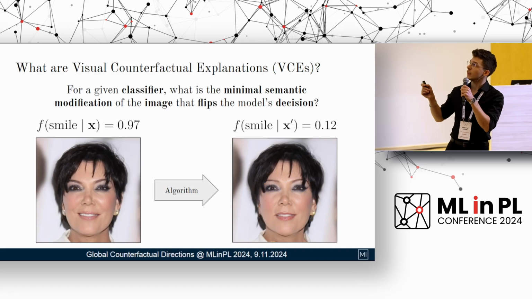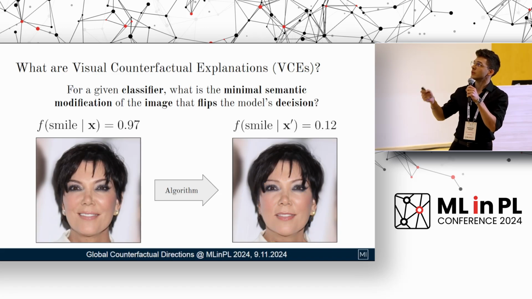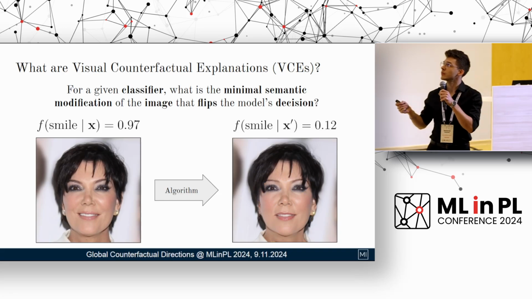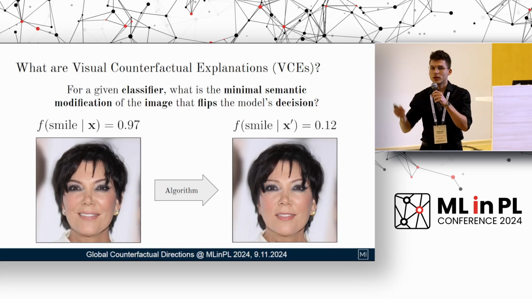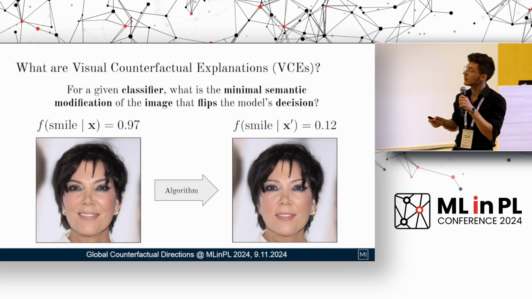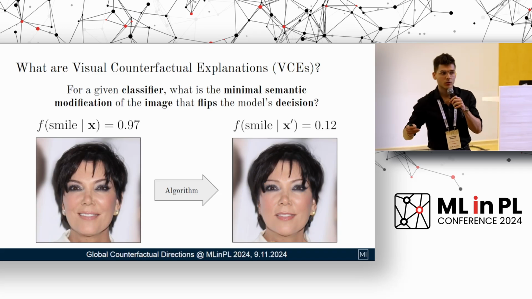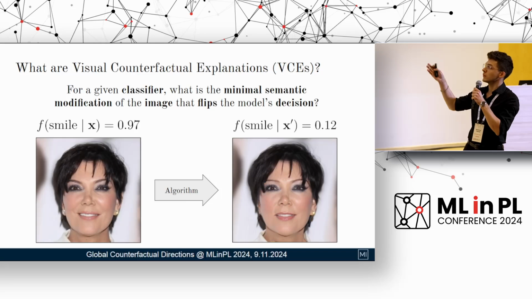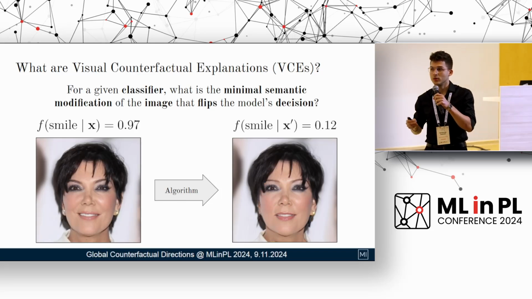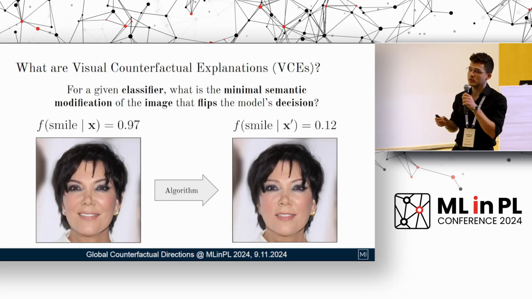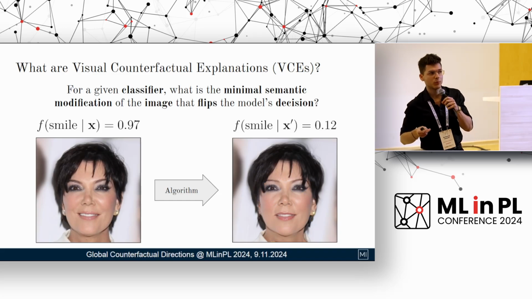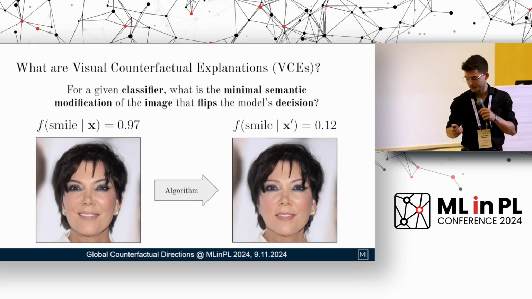So here, in the beginning, F represents the classifier, and it simply says that the person on the left is, with high probability, smiling, right? And then you apply some algorithm, the person, let's say, stops smiling, and you actually see that the model changed the decision, so you would say that you trust your model better in this case, right?